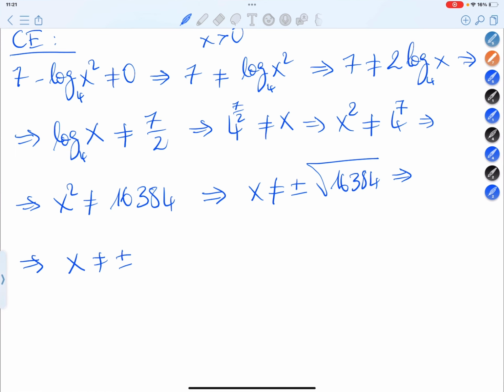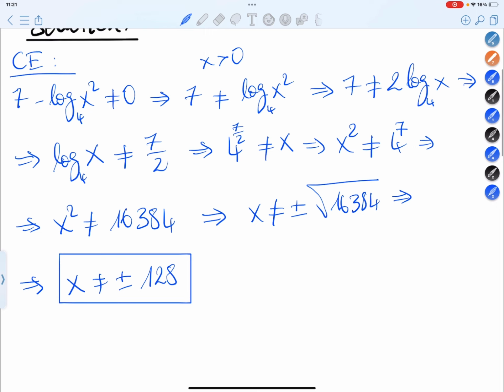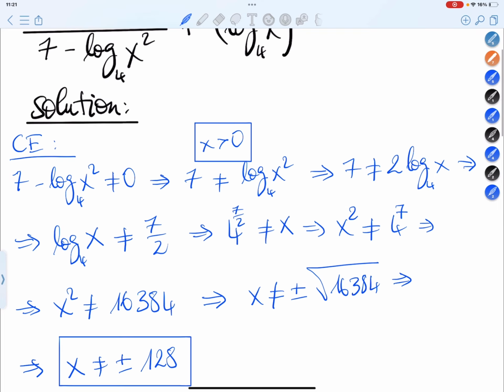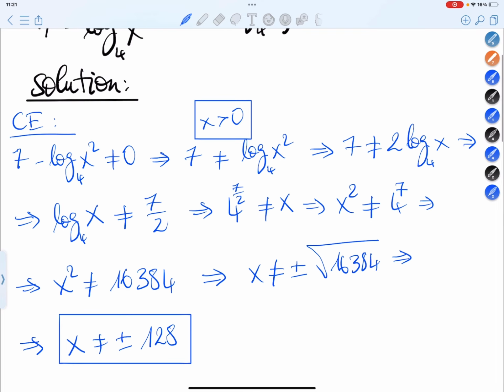So x must be different from 128. Also, x must be greater than 0, right? So we have these two conditions.